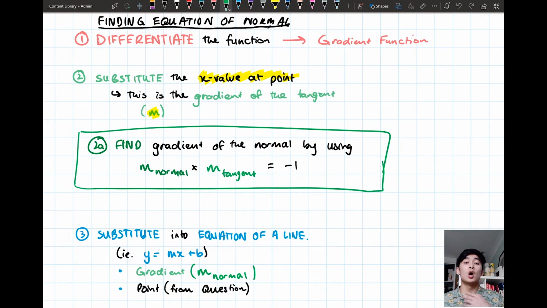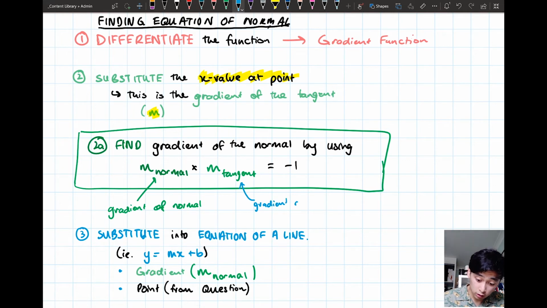If you remember in class, when we multiply two gradients together, if they're equal to -1, that means the two gradients are perpendicular, which means that they meet at 90 degrees. So to find the gradient of our normal, we use this formula: m normal, the gradient of my normal, times m tangent, the gradient of my tangent, is equal to -1.